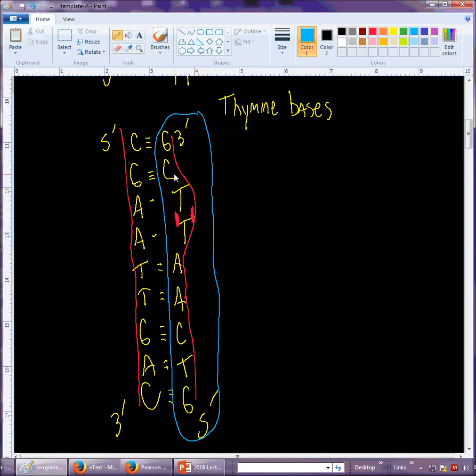When we got to this lesion, you can probably guess that the DNA polymerase would have trouble using this as a template. It might skip this area, jump over it, or put in the wrong base. The hydrogen bonding is all screwed up, so it doesn't know what base to put in, so it can lead to mutations.